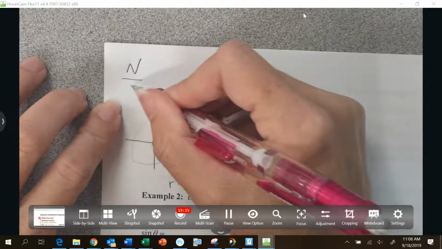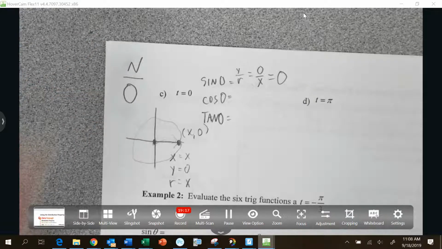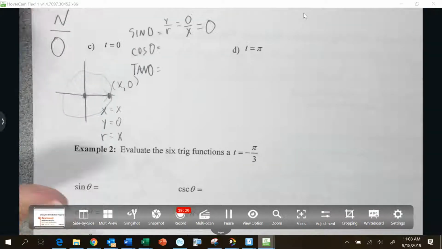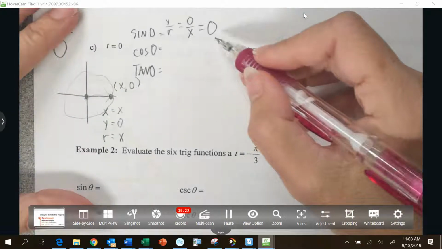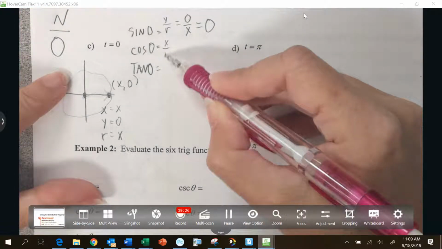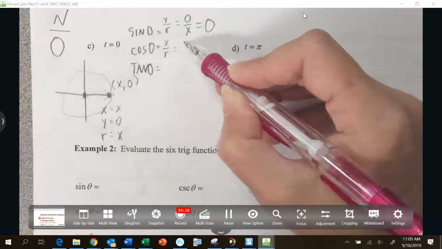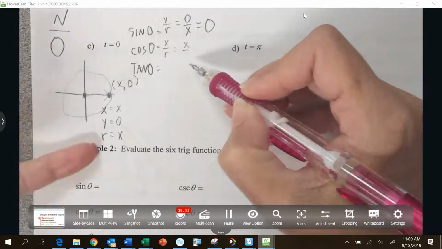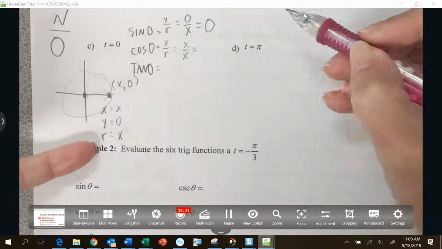When is it undefined? When we have a zero on the bottom. That's when it's undefined. 0 on top, then it's okay. It's 0. How about cosine? Cosine is x over r. I'm just going to call it x, and my radius is also the same as x. So what's cosine going to be?